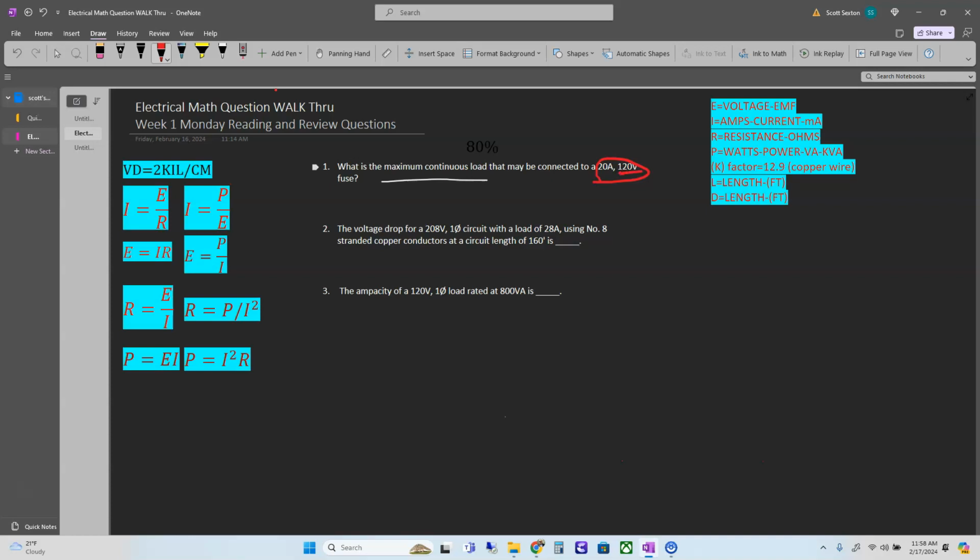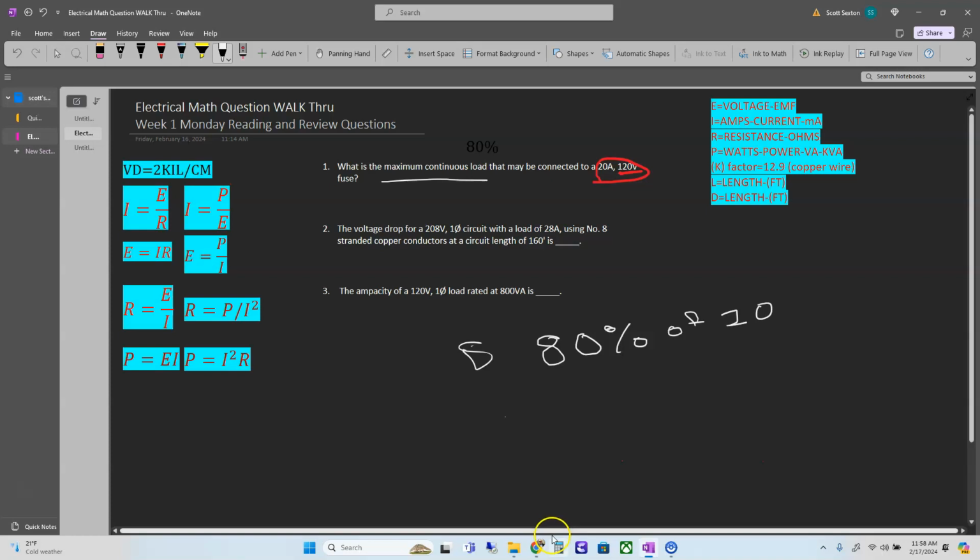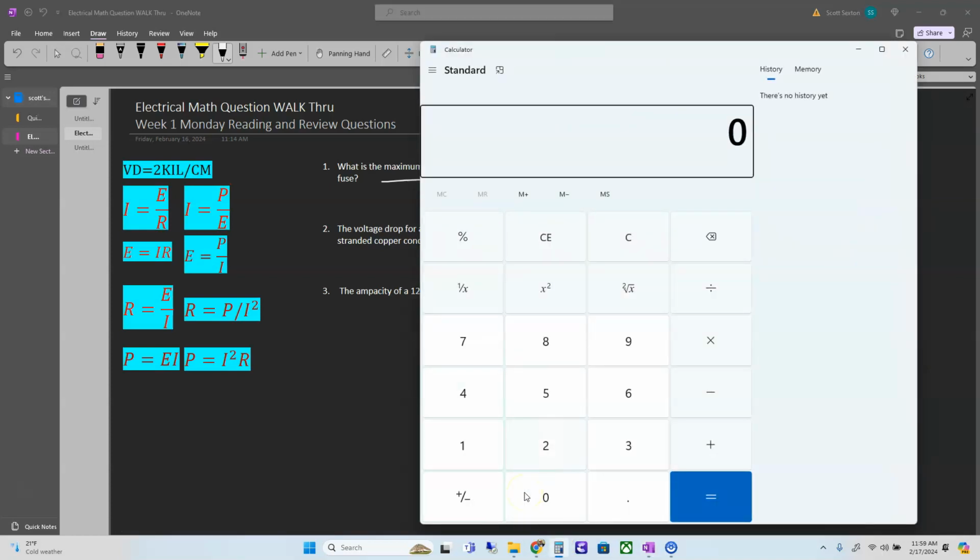Well, no. Literally all I need to do is figure out what is 80% of 20. So like we were talking about before, we can use this math right here. I have 20 times 0.8, which is 80%. Tells me I can put 16. That means I can put 16 amps on this particular circuit.